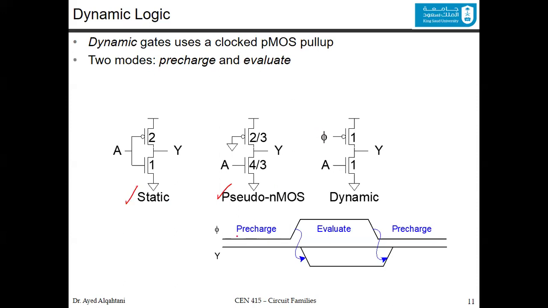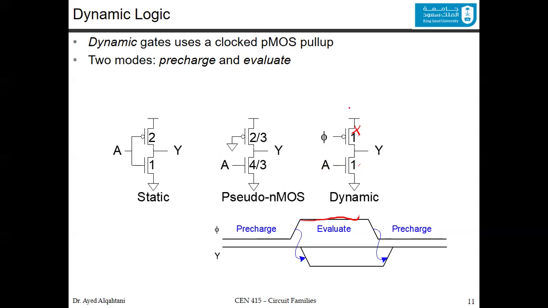Whenever you have the clock, for example, this, now we draw the clock. If it is 0, this means that this is on, and you are charging this node at the output. This is why we call it pre-charge. Whenever it is 0, it is pre-charge. And if it is 1, then this will be closed, it's no more connected, and the pull-down network is connected, and now we are doing the evaluation of whatever inputs we have.